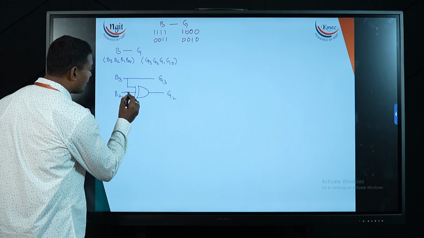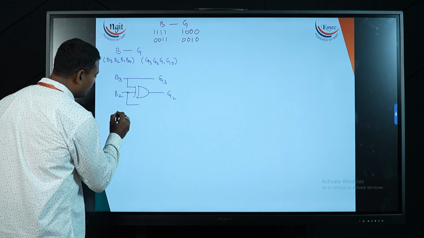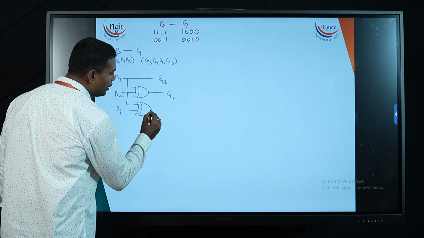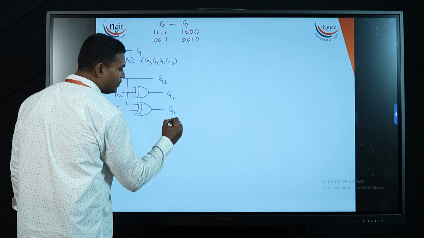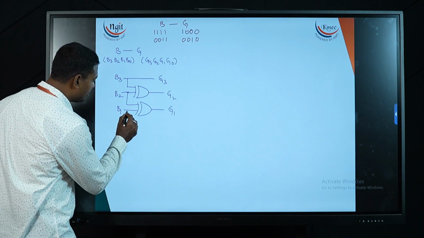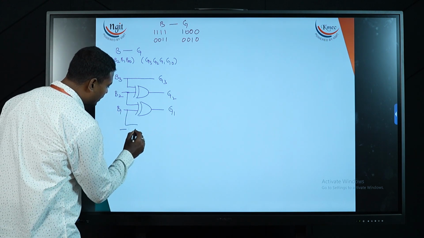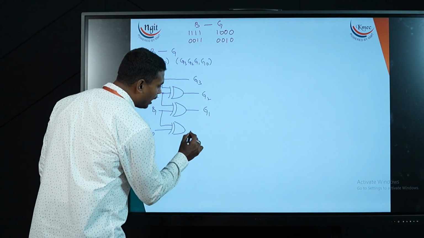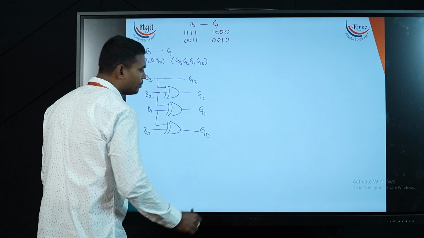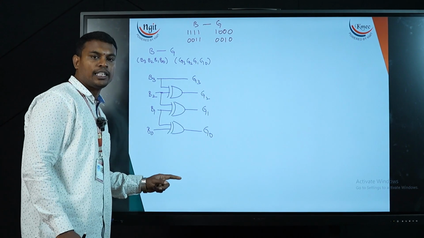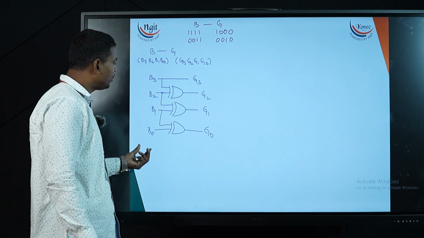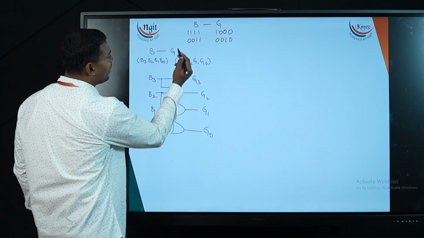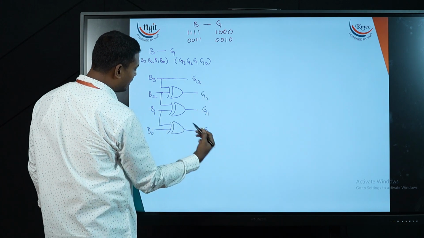Next, B2 and B1, again an exclusive OR operation, give me G1. Next, B1 exclusive OR with B0 will give me G0. So this is the logic circuit, the diagram which tells me the conversion from binary to gray. Let's verify whether I am getting these values on my circuit or not.